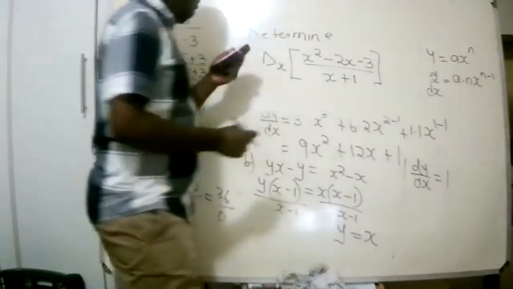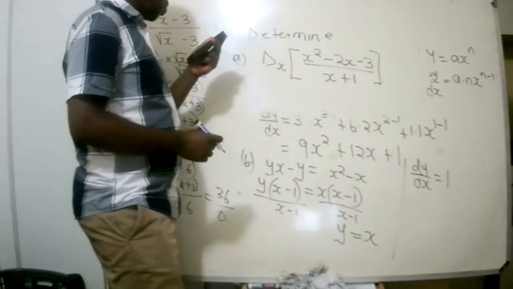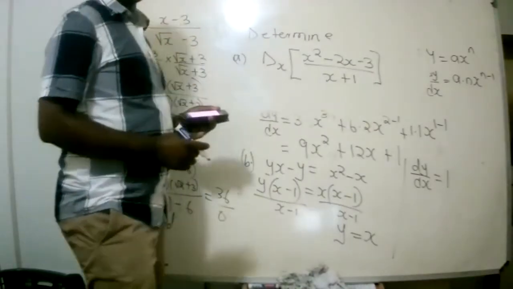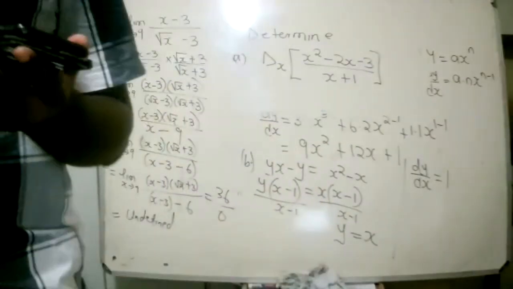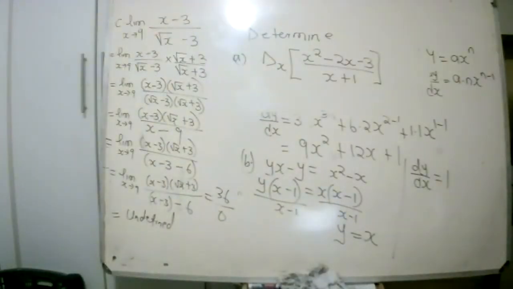So this is the question which I want you to do just now. Let me give you 3 minutes to work on that question. I'm giving you 3 minutes because it's worth 3 marks.